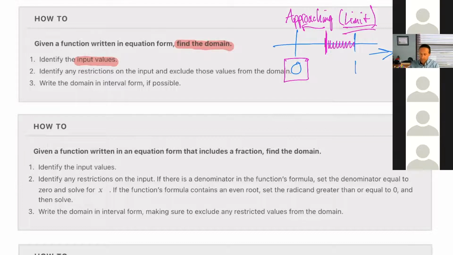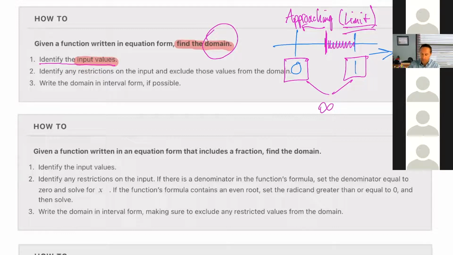Okay? My point in all that is, if there's an infinite amount of numbers just between 0 and 1, how are we going to identify all of the possible things that we could put in, aka the domain? Well, we're not.